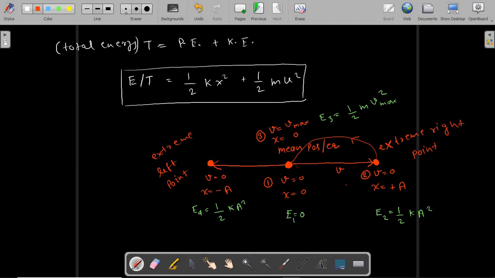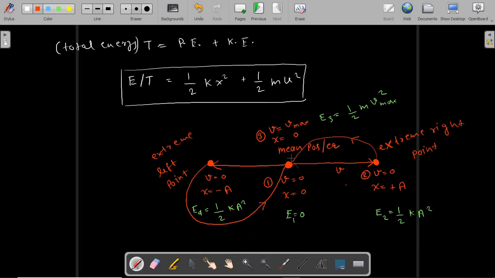So again the same potential energy will be stored. Now it will go back again to the mean position.